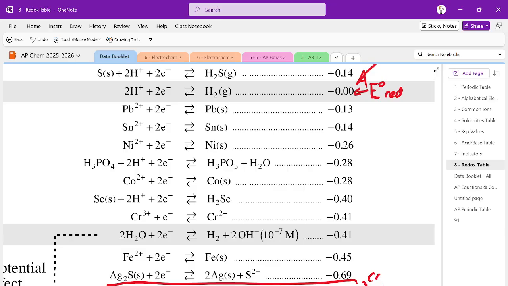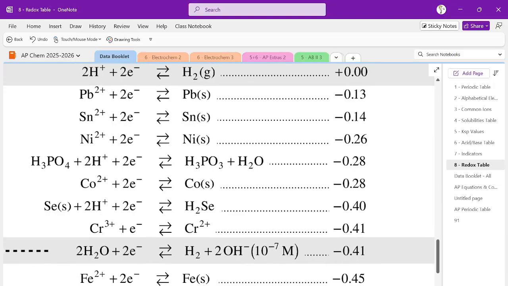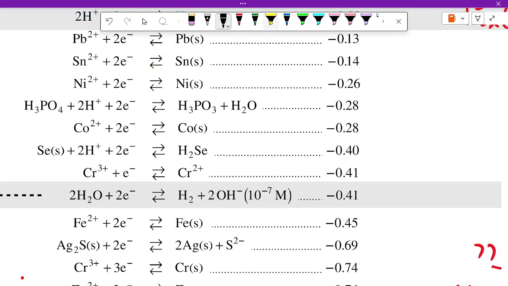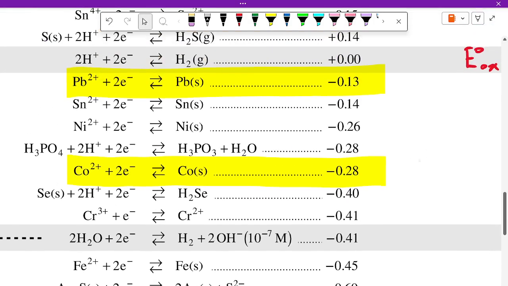So let's take a look at lead and zinc, and we're going to be talking about how we get closer and closer to equilibrium, yes? So if we have lead here, and we'll do cobalt because cobalt is right next, it's nearby. So we've got lead and we've got cobalt.